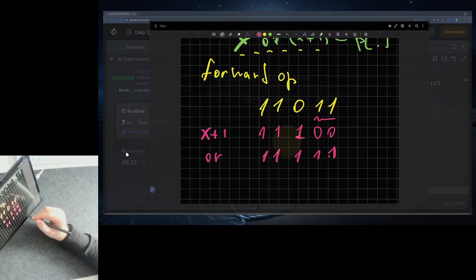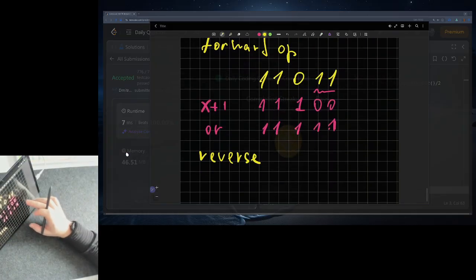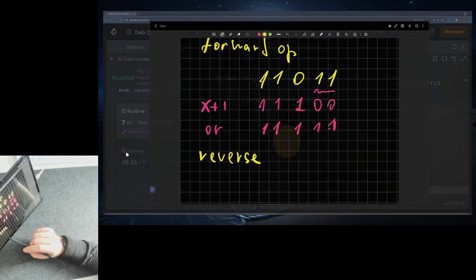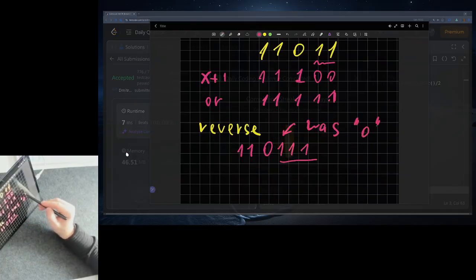And the opposite, reverse operation is, for example, if we have this tail of ones, we know that this bit was 0, so we have to change it to 0.